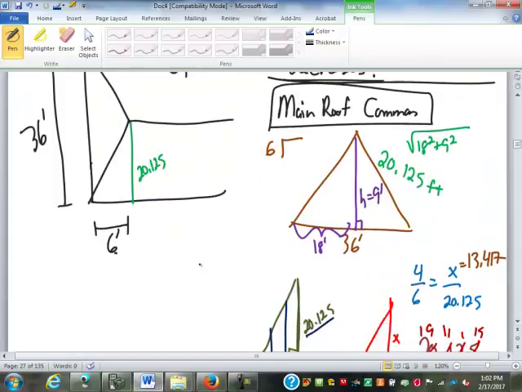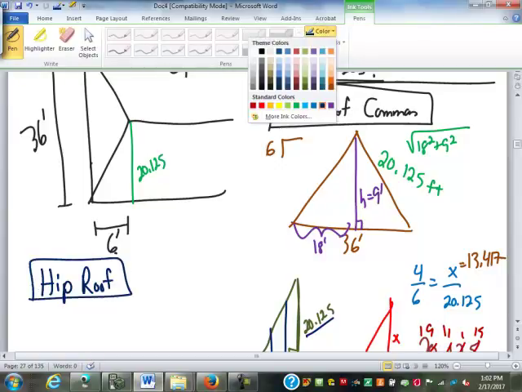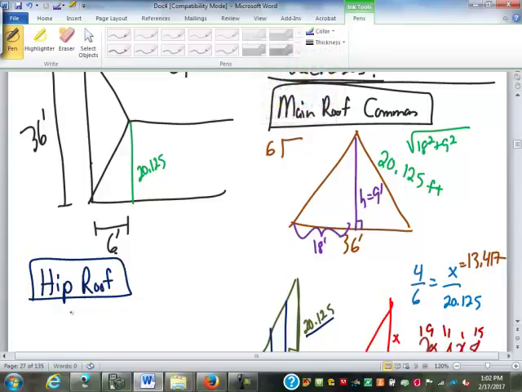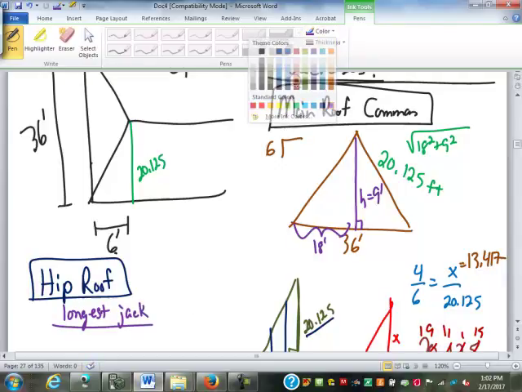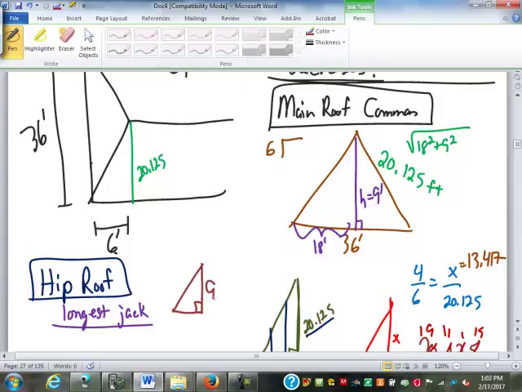So now let's look on the hip roof side. First thing we got to do there is find not the common, but the longest jack. With the information we've already found, this is relatively easy to do. We know that the height is 9 feet.